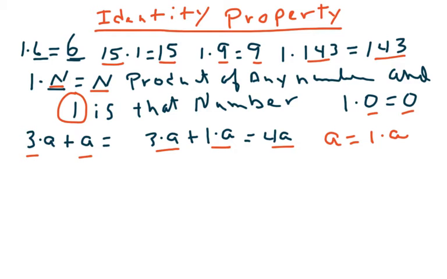They are equivalent. Another step I could take would be to show you this is true because of the distributive principle. 3 times something plus 1 times something, according to the distributive principle, is 3 plus 1 times that A, which is 4A. But I think that makes common sense, especially if we look at A like an apple.